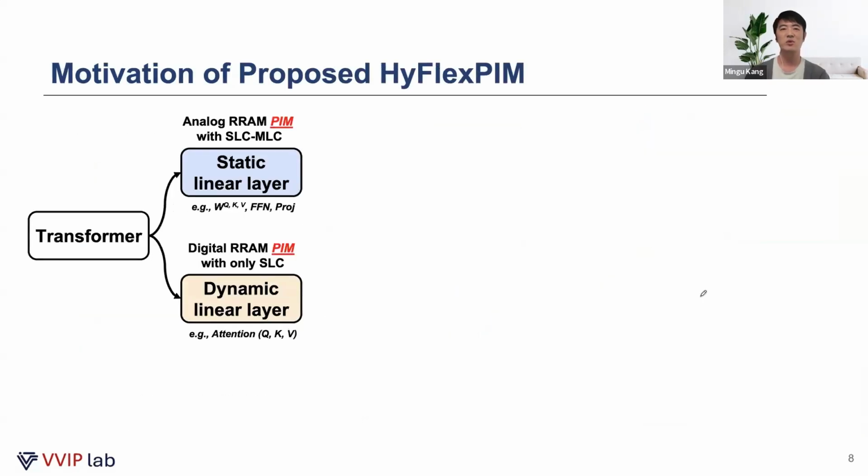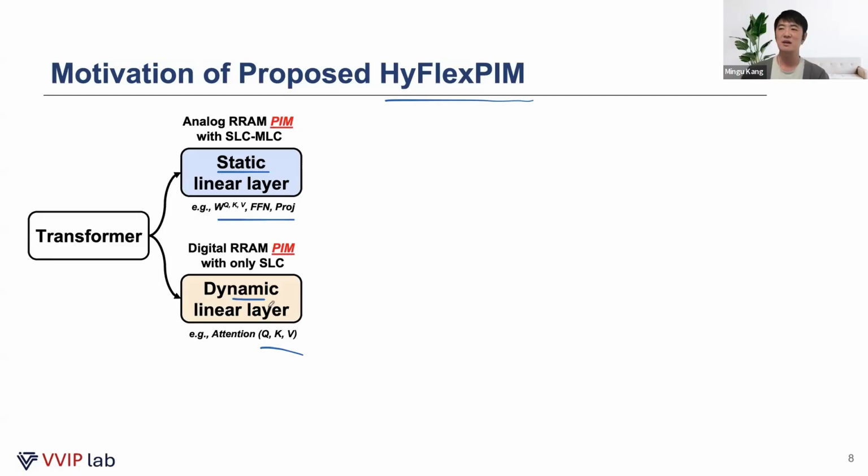So in consideration of all of those limitations, we propose a hybrid RRAM PIM architecture, so-called HighFlex PIM. If you take a look at transformer, we have 2 different types of linear operations. First one is static. Static means that after training, the weights are never updated. Those are frozen. On the other hand, dynamic, query key value, those are being updated at runtime. So those are changing across time.